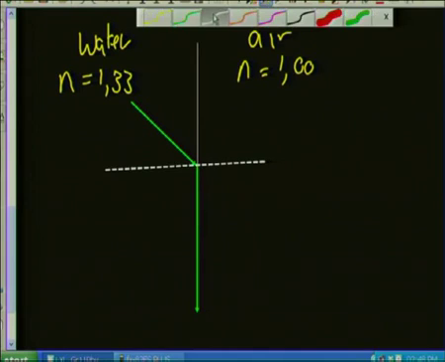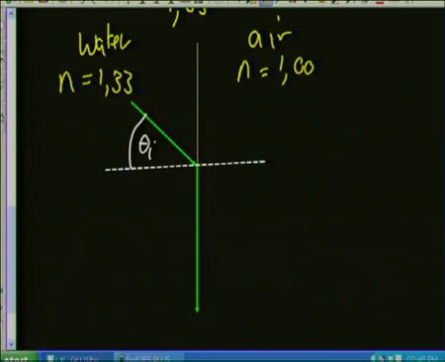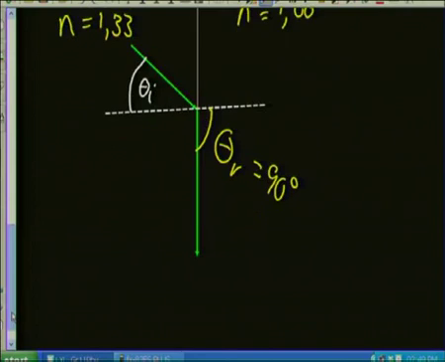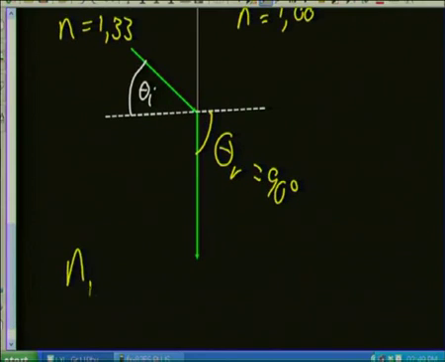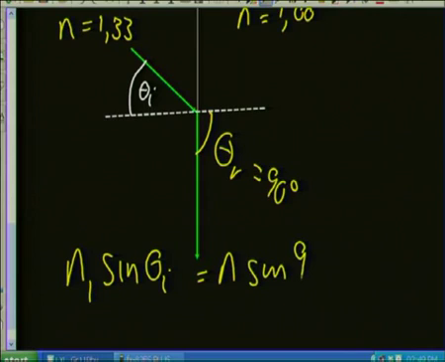And the reason it's critical is because if we had an angle bigger than this, then it will be total internal reflection. The angle of refraction here is 90. That's this angle here. So that's what we're trying to establish. And I hope you can see that that's nothing more than a Snell's law calculation. So we're going to say we want to find sine theta incident when the angle of refraction for air is going to be 90 degrees.